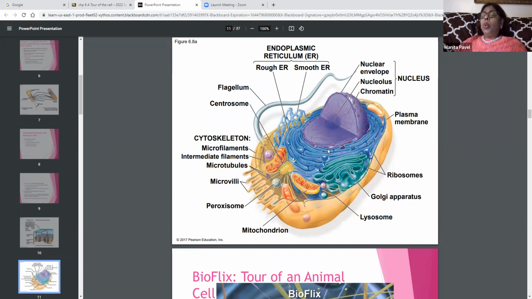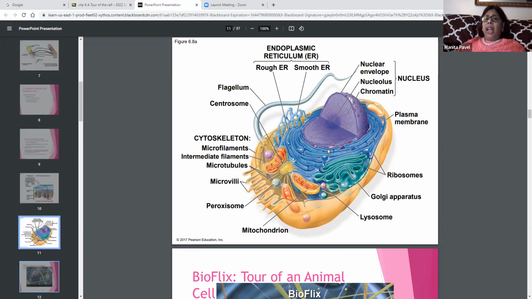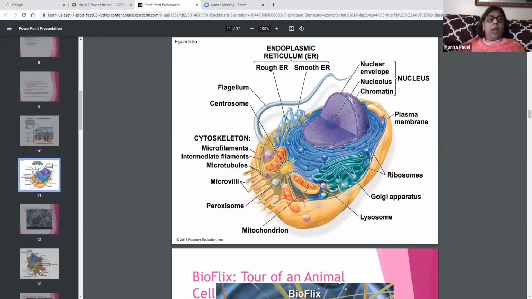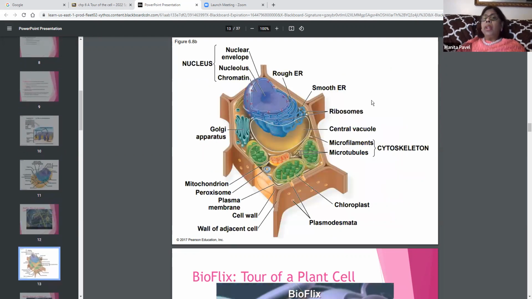So this is now the animal cell. And we're looking to see what is the difference between an animal cell and, if we look here, slide number 13, the plant cell.